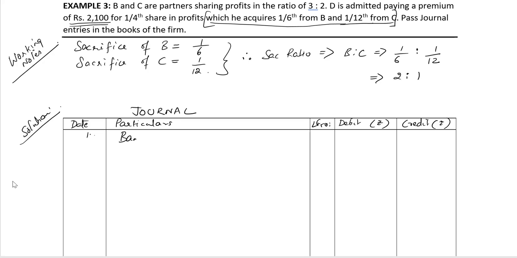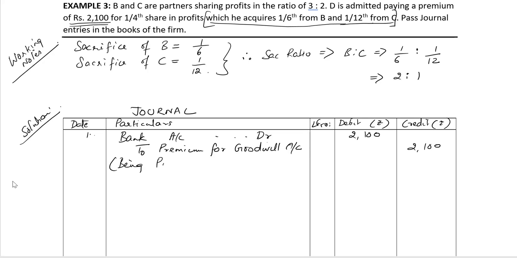First entry for the premium for goodwill brought in cash, bank account debit to premium for goodwill account. Amount brought in by D is rupees 2,100. Narration: being PFG brought in by partner D. The second entry is for distributing the premium for goodwill.